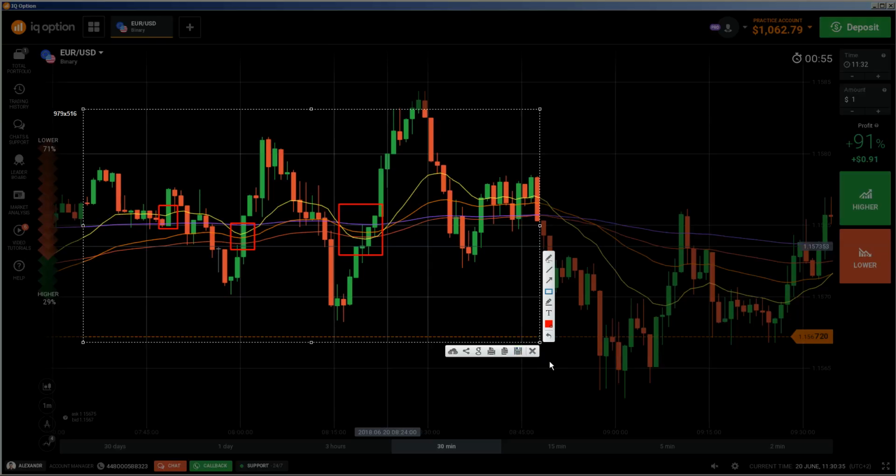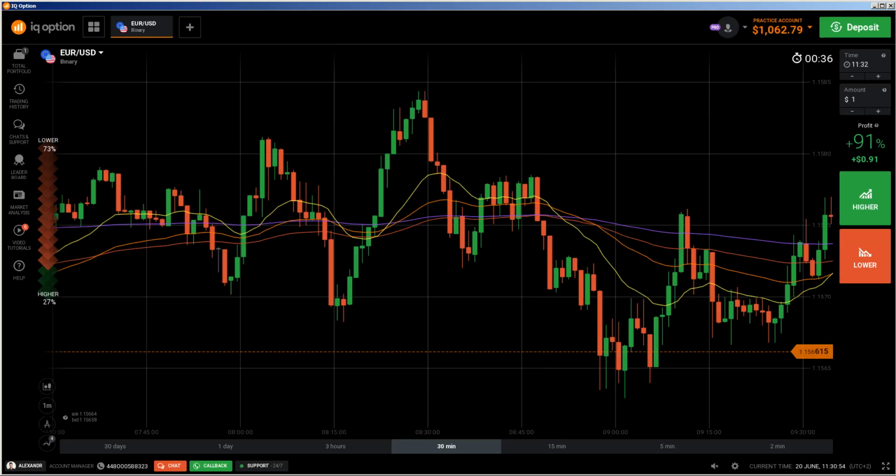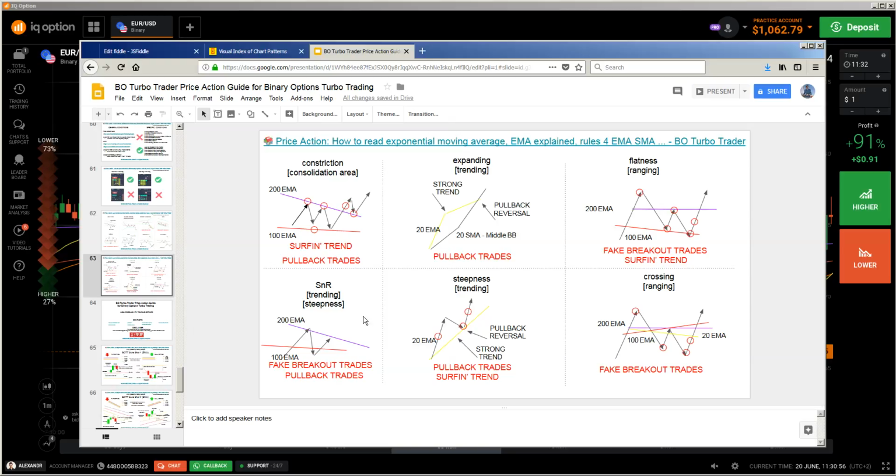That is what I tried to explain in this image: if the EMAs are steep, you have valid, strong S&R which reacts from far away already. And if you have flat EMAs, you can mostly expect that those will be broken.